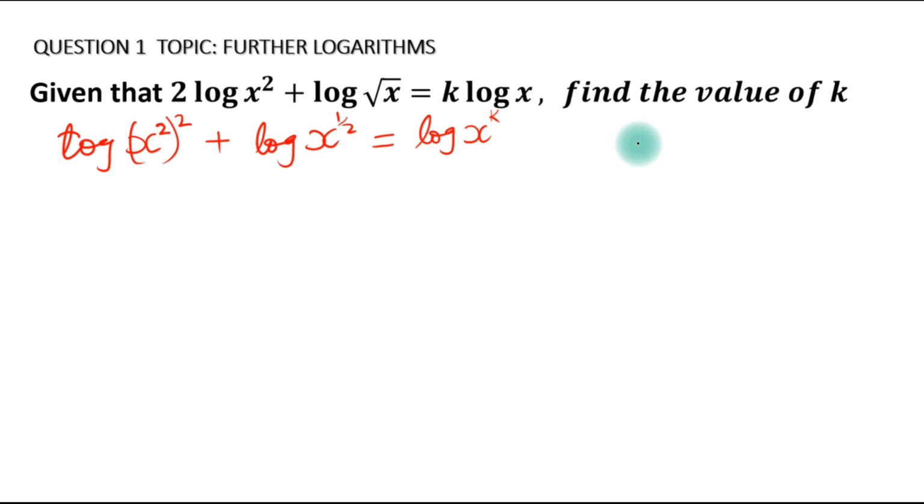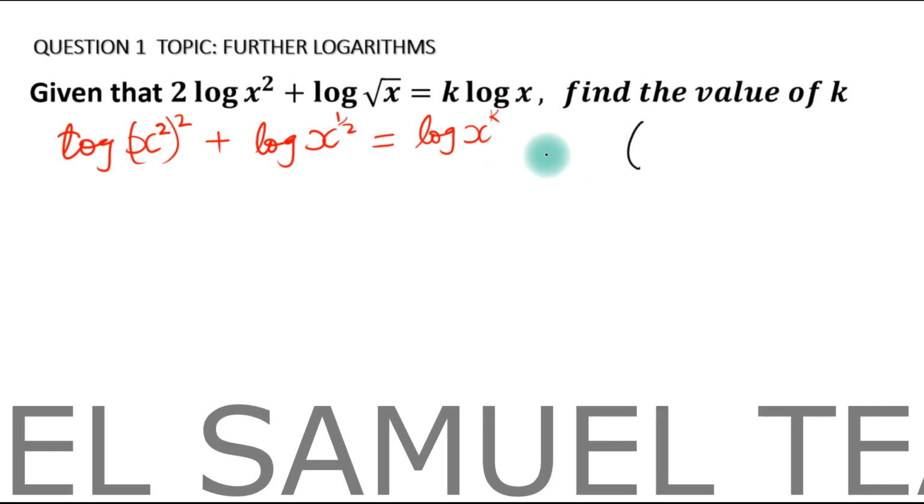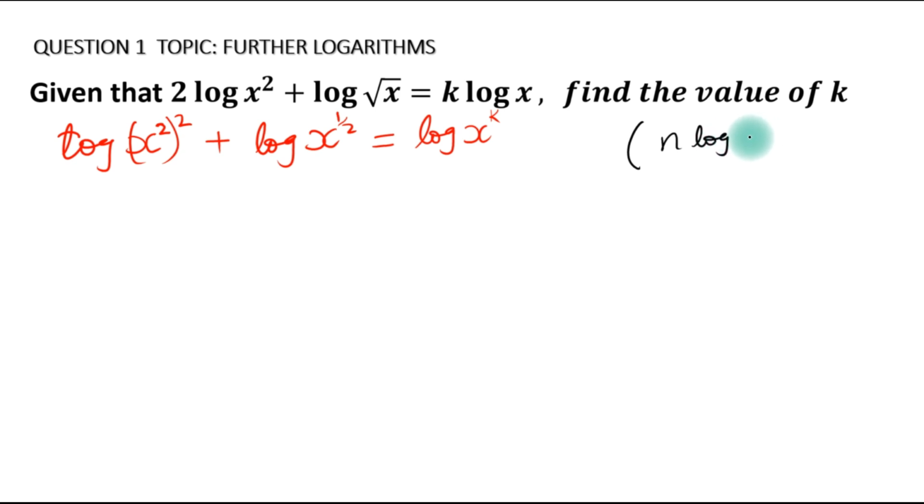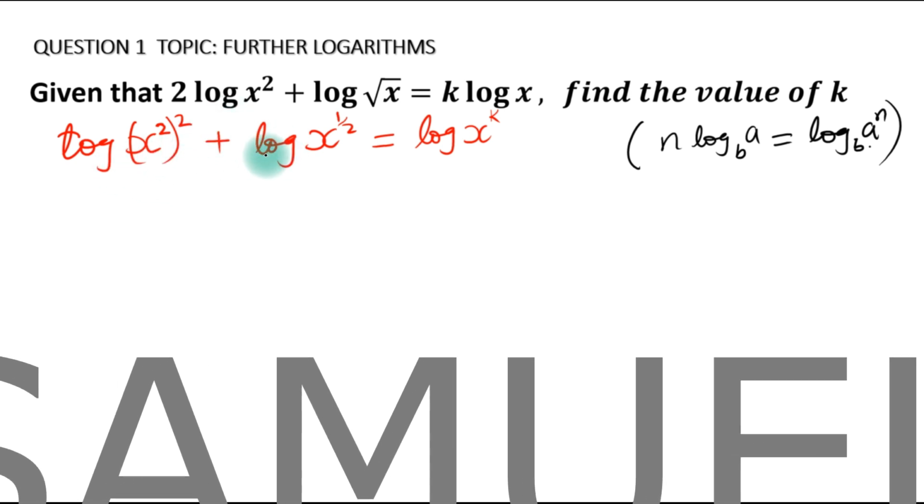So one important thing from here we need to know is that n log of a base b is the same as logarithm of a raised to n base b, and that is the law of logarithm that we have used to rewrite this logarithmic equation.